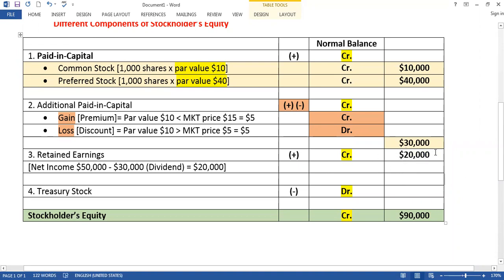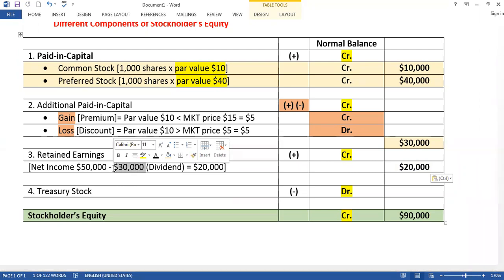So retained earnings, how did $20,000 come? Net income is your money. From net income, you receive $30,000 dividend, right? And what is the meaning of dividend? We learned in our long-term liabilities chapter: the company calculates the preferred dividend and the common stock dividend, and gives it to the shareholder.